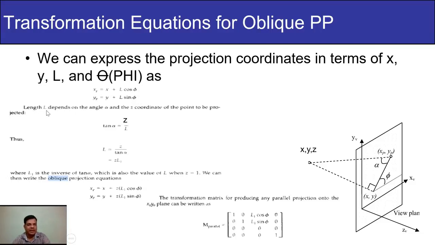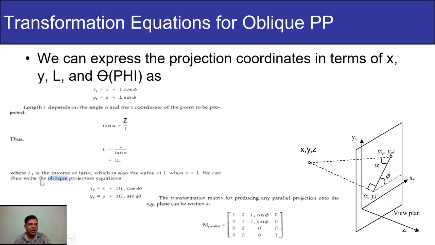Now this line has length capital L. Length capital L depends on the angle alpha and the z coordinate of the point to be projected. So from this small triangle we can conclude that tan alpha is equal to capital Z upon L, and we can say that L is equal to Z upon tan alpha, and 1 upon tan alpha we can write as L1. So here we can say that L is equal to Z L1, where L1 is the inverse of tan alpha, which is also the value of L where Z is equal to 1.